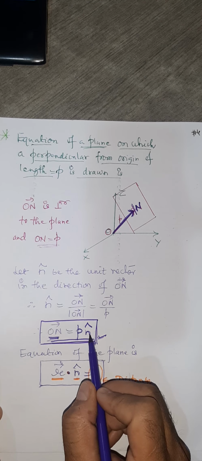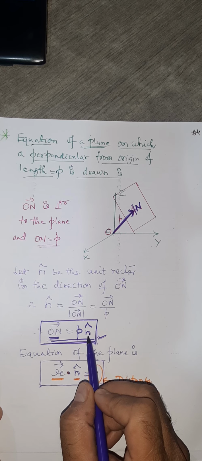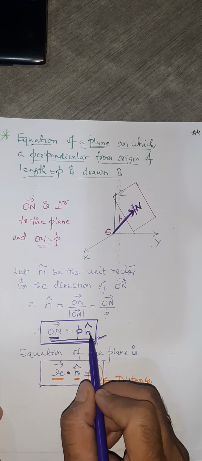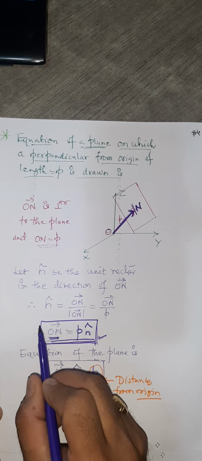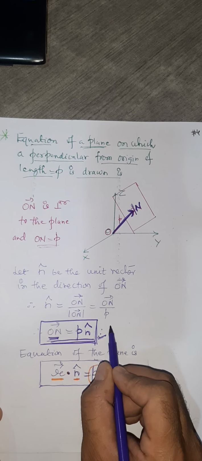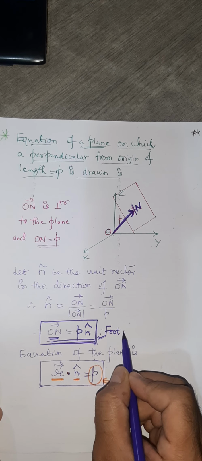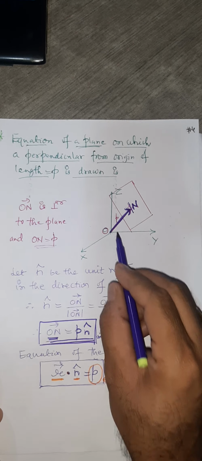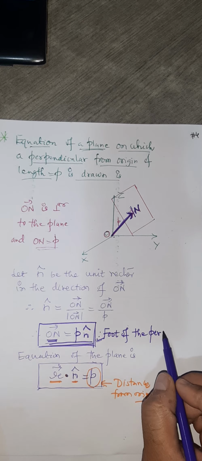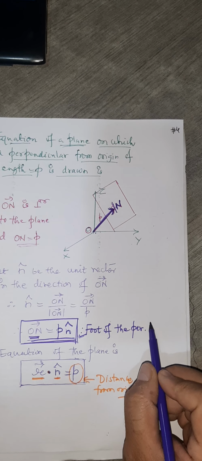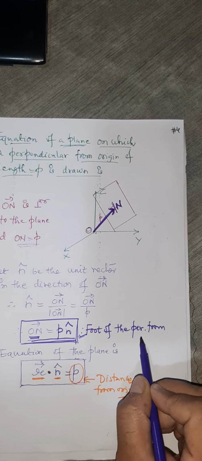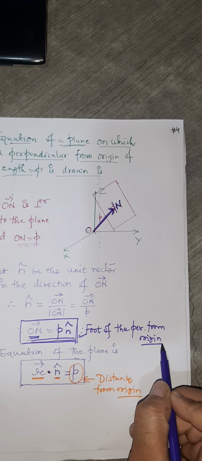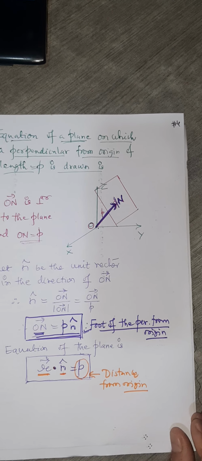Perpendicular distance from the origin and n cap. p into n cap. This is a scalar product. This is what we want to do. This represents the foot of the perpendicular. Foot of the perpendicular from where? Origin, remember. So this is what we need to do in the next 4 sub-questions.